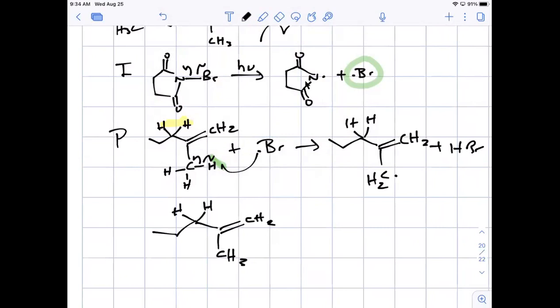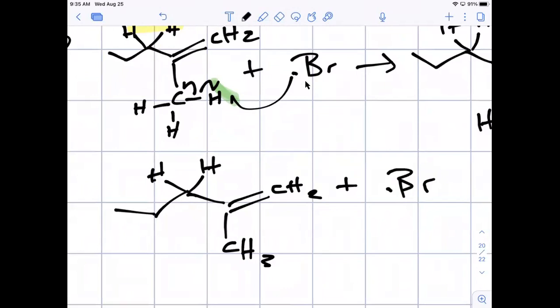All right, so that plus Br. And I'm going to cleave this bond. I'm going to put this electron here, one here, and then one here.